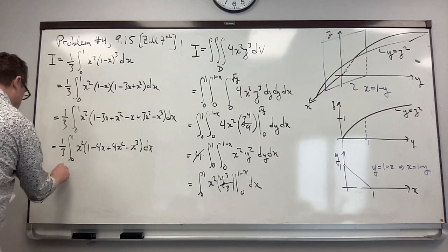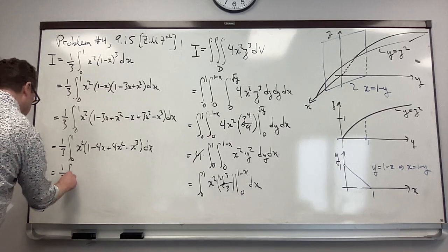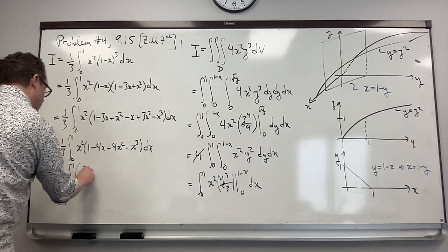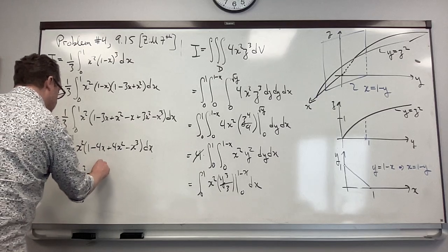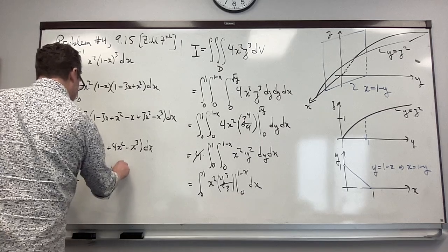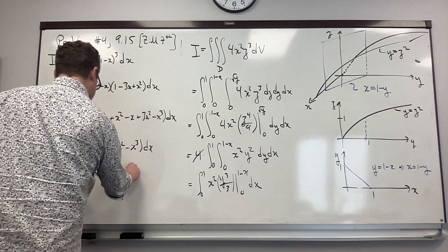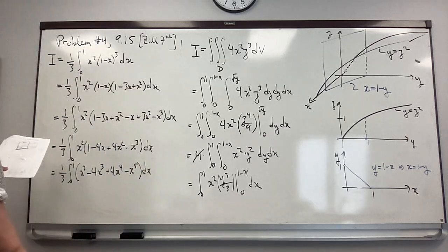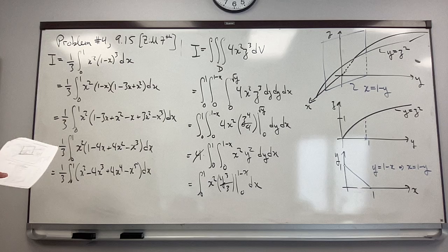So this becomes 1 over 3, 0 to 1, x squared minus 4x cubed plus 4x to the 4th minus x to the 5th. Let me just check my notes here. Let's see, nope, something's wrong.